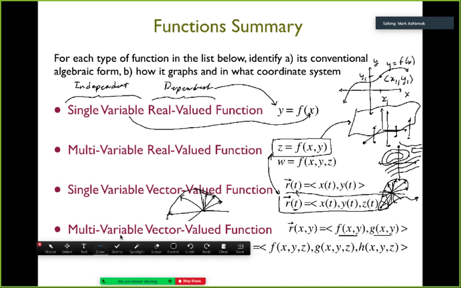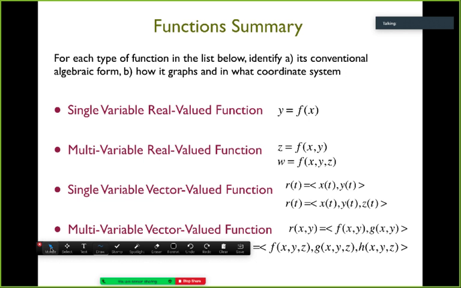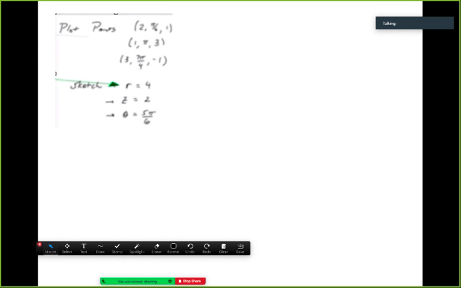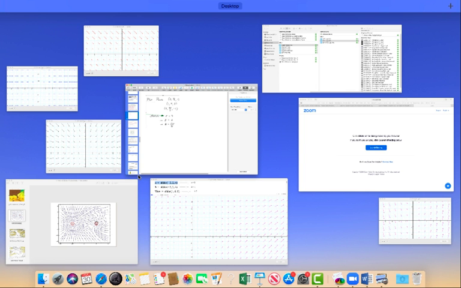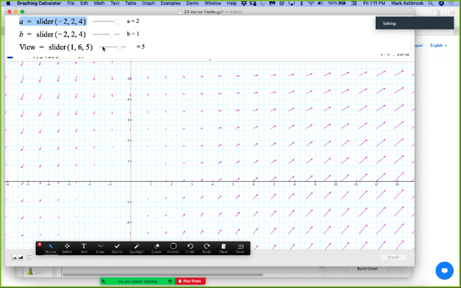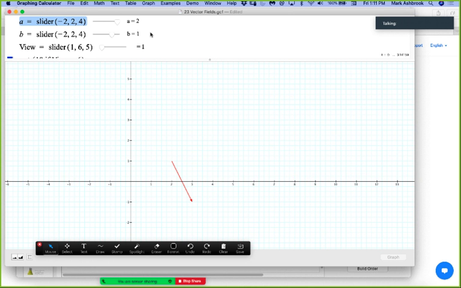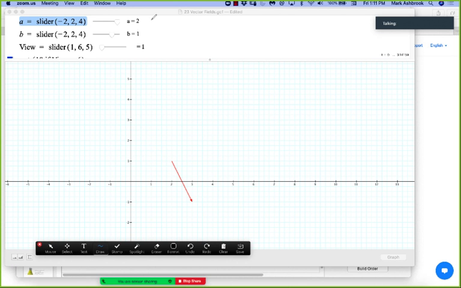Okay, but today we're going to work on multivariable vector valued functions. We're going to introduce those. So, all right, so here is how this works. This is my x value. This is my y value.